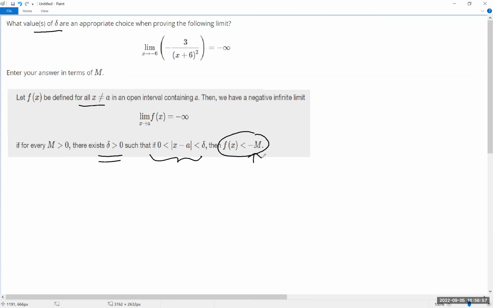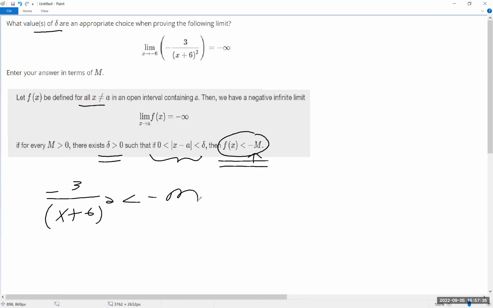So all right, what does that mean we have to do? So there's a task, right? We will start with scratch work here. And we'll start with the relationship that we're interested in arriving at, which is this one here: f of x is less than or equal to negative m.